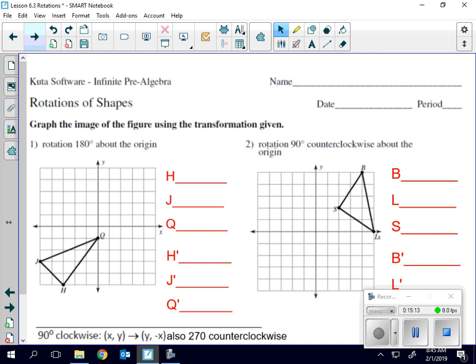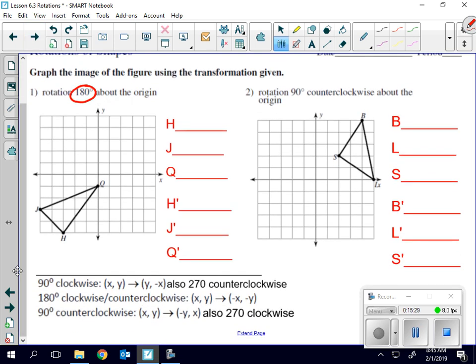Looks like this. Graph the image of the figure using the transformation given. Okay, we are rotating 180 degrees. Notice it doesn't say clockwise or counterclockwise because it's the same thing. All right, so when we use clockwise or counterclockwise 180 degrees, we're using this one, right?